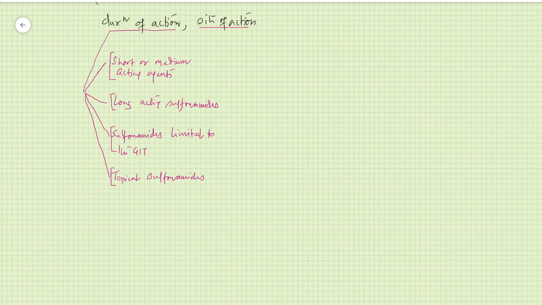Let's look at the first one, the short or medium acting agents.